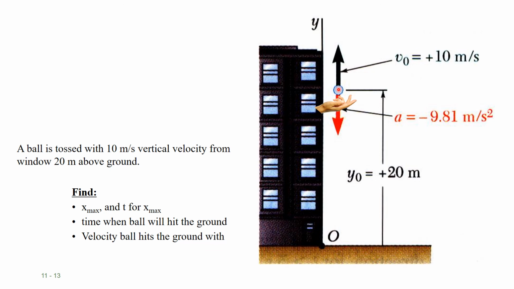In this case, the only force after this ball leaves his hand, and it's just sitting here in thin air, the only force acting on it through this entire trajectory is nothing but mg. It's just gravity. So if you can see that the force is constant through the whole thing, that will tell you that acceleration is constant through the whole thing.